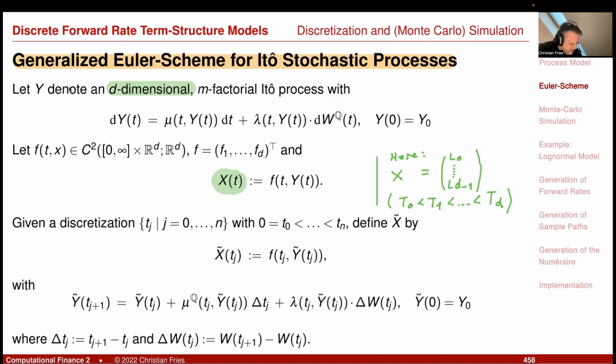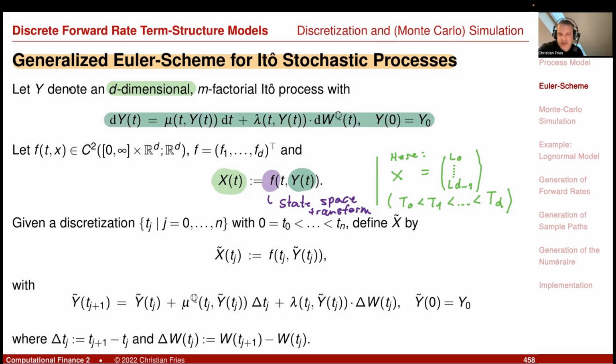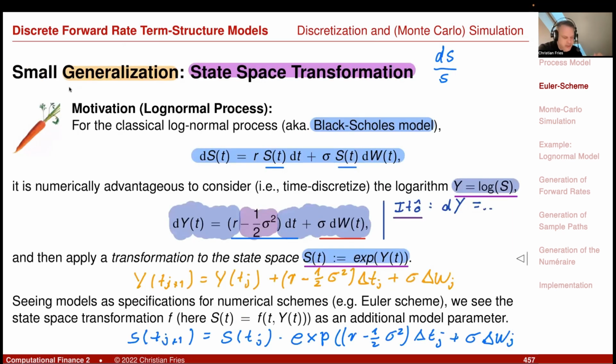So there is my state space transform here. This is my f, and this is transforming a background coordinate y, where we know the stochastic process for y. So y is now given as a d-dimensional m-factorial Itô process. So this y corresponds to what we know from the Black-Scholes model in log coordinates.